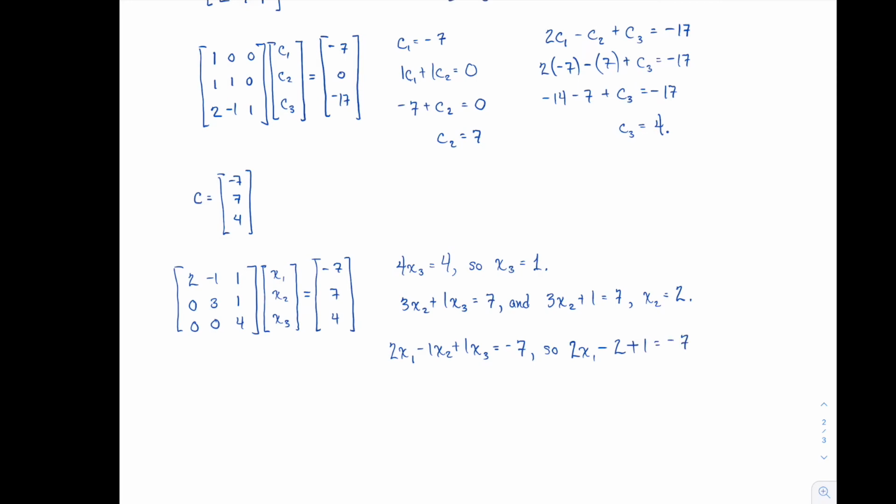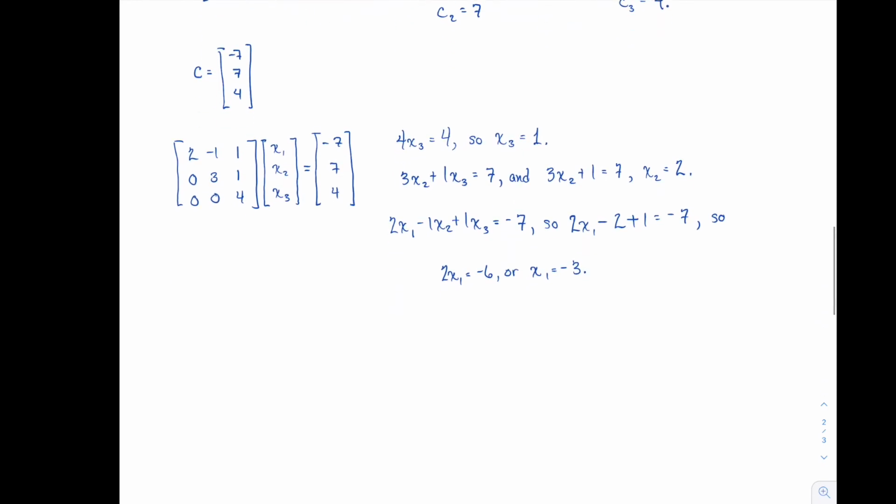So plus 1, this has to be minus 7. So then this is going to give us, well, minus 2 plus 1 is minus 1. Add it to the other side, plus 1, this is going to be a minus 6, I think. Yeah, so now what do we have? So we can say 2x1 equals minus 6, or x1 equals minus 3.